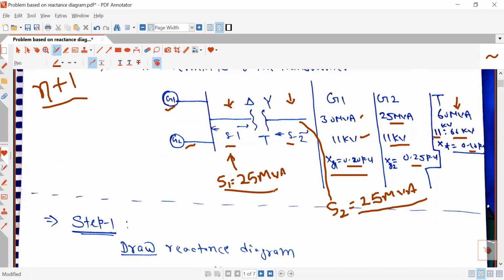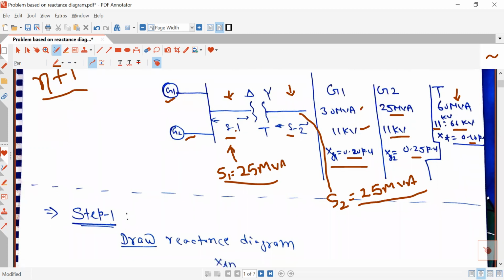You have to select voltage base also. And if you will select voltage base for section 1, this depends on you. What value you want to select for voltage. But if you select base value for section 1 as 11 kV, then base value for section 2 will be 66 kV according to turn ratio of the transformer.